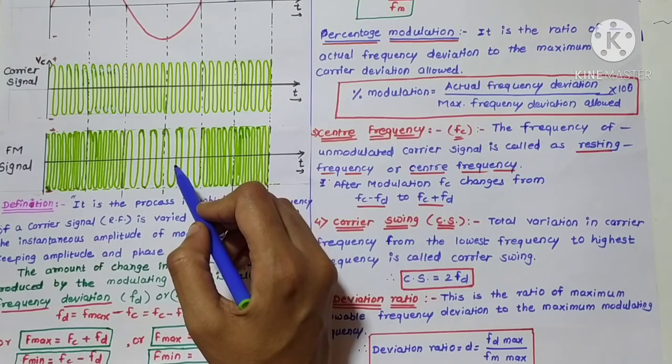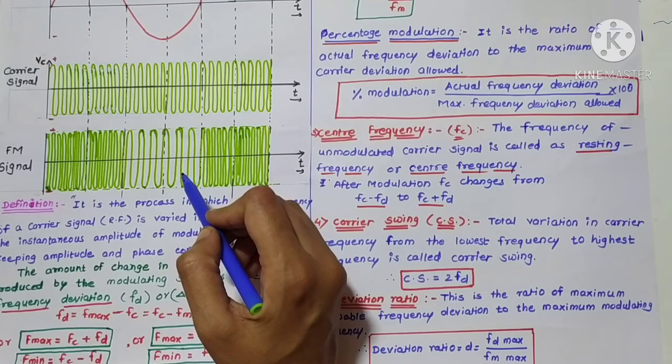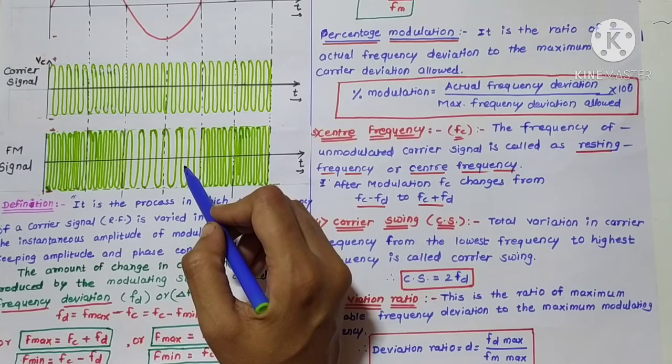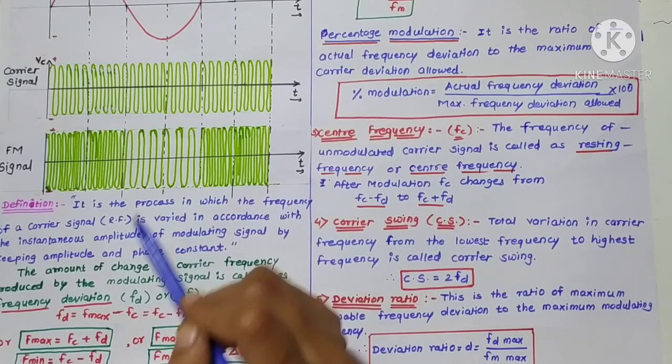So this is called the frequency deviation rate, and frequency modulation is also called angle modulation.